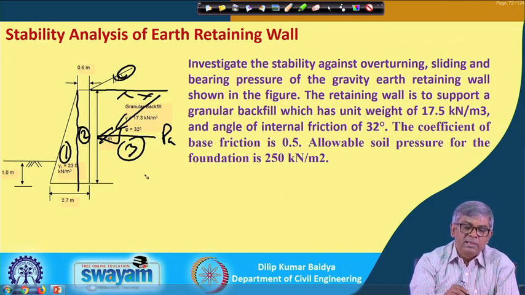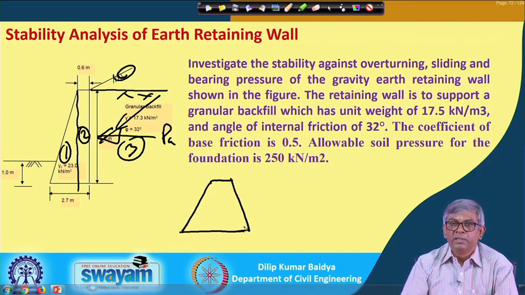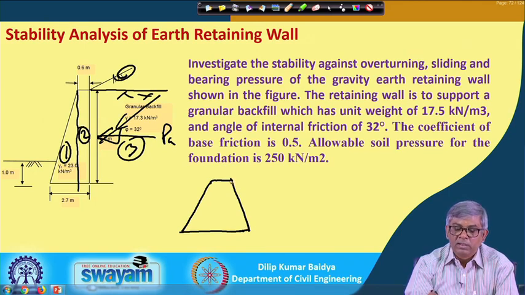Sometimes, instead of a vertical back, the cross section of the wall can be something like this, and maybe something like this. If it is so, then what do I have to do? While doing the stability analysis, from this point I will draw a vertical line.